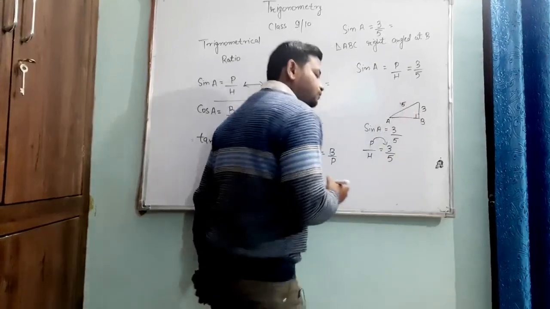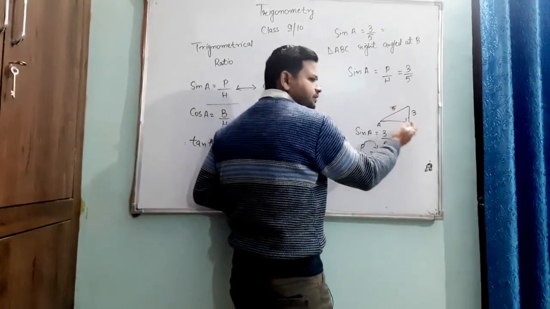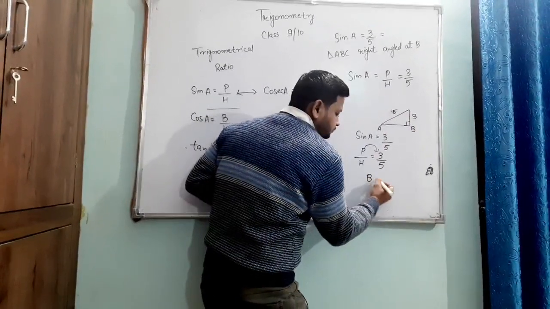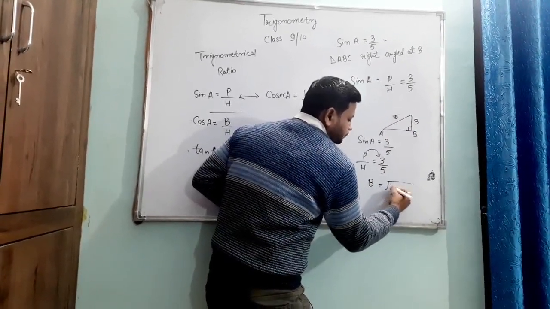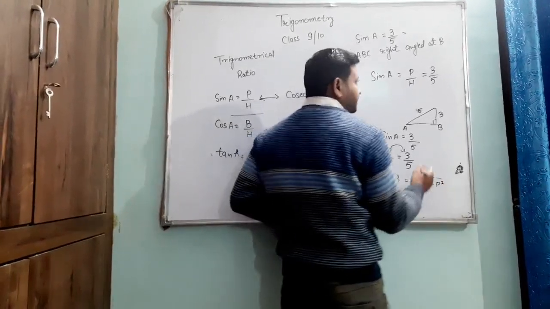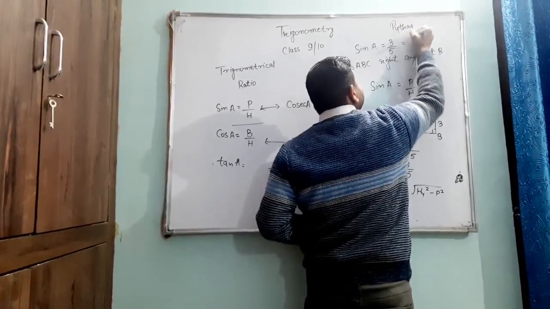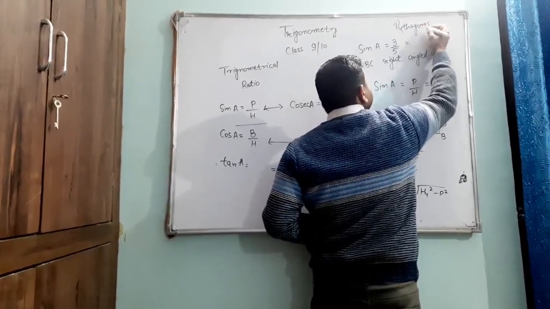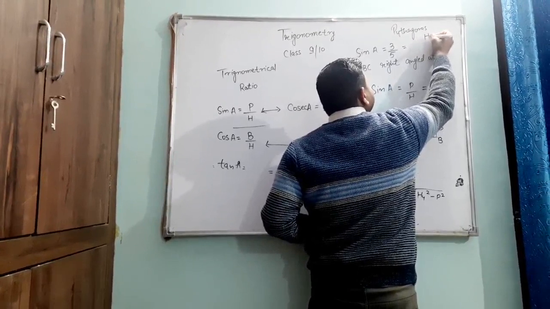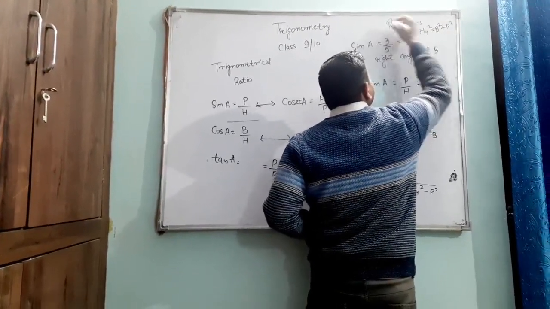Now, using the Pythagoras theorem, we have to find the base, and base is equal to under root hypotenuse square minus perpendicular square. What is the Pythagoras theorem? I am writing it here. Pythagoras theorem says hypotenuse square is equal to base square plus perpendicular square.